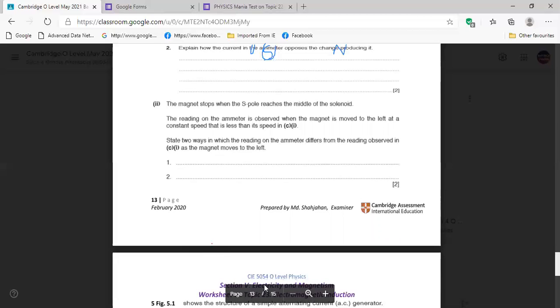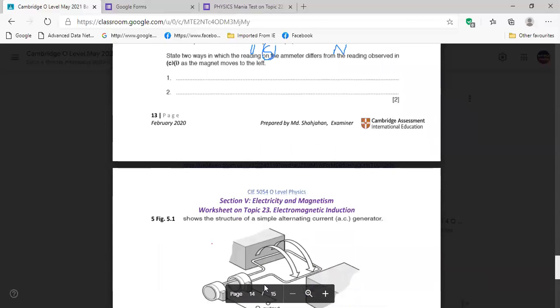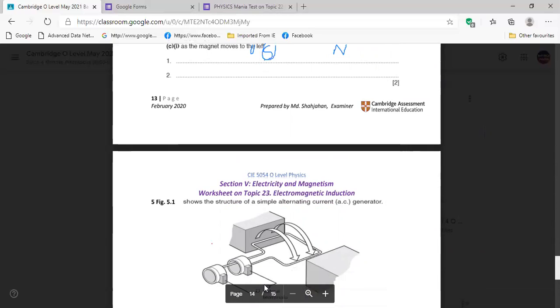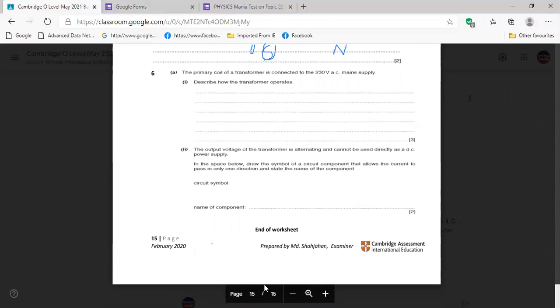You write: deflection is opposite, opposite direction of needle. So we have question number 5, question number 6.